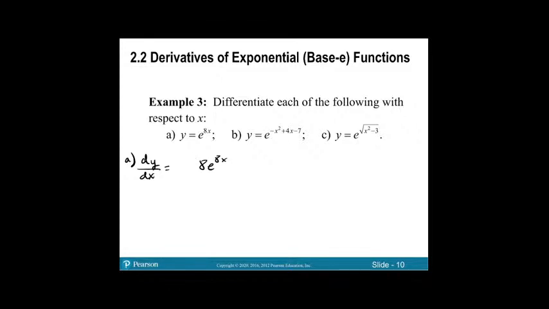And then for B, dy by dx is going to be itself, e to the negative x squared plus 4x minus 7, times the derivative of the power. That's going to be negative 2x plus 4.